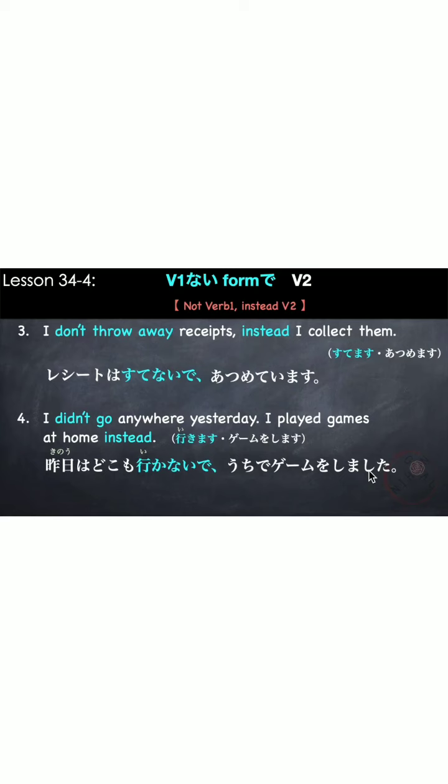So if you notice, regardless of the tense of the first sentence or the first verb, it will always be written in nai form or nai de. So here, throw away, 捨てないで, didn't go, 行かないで.